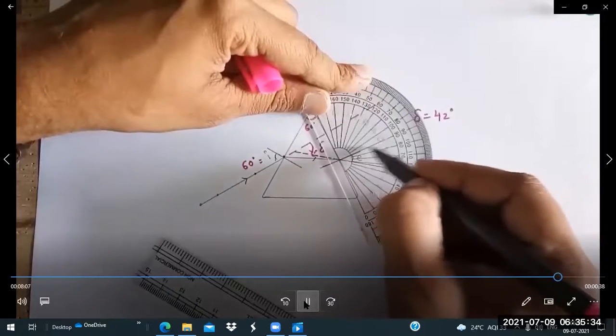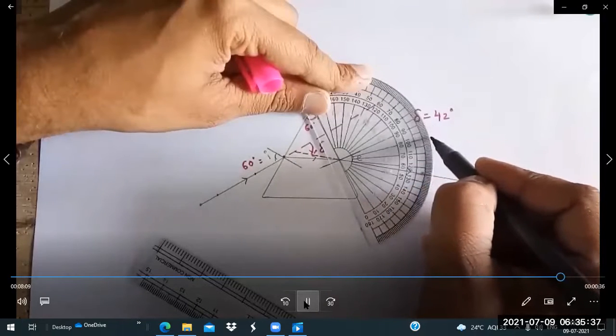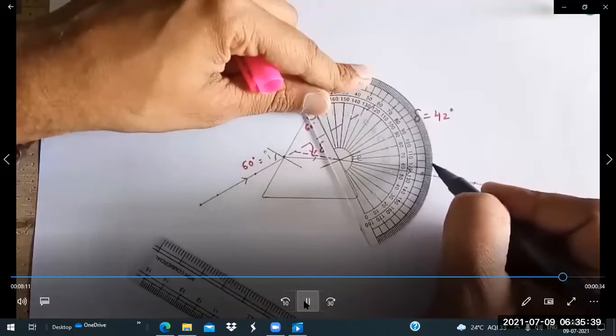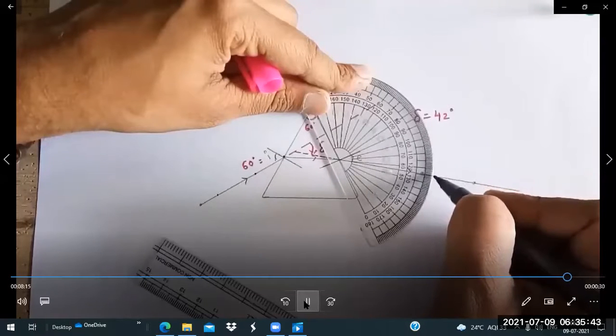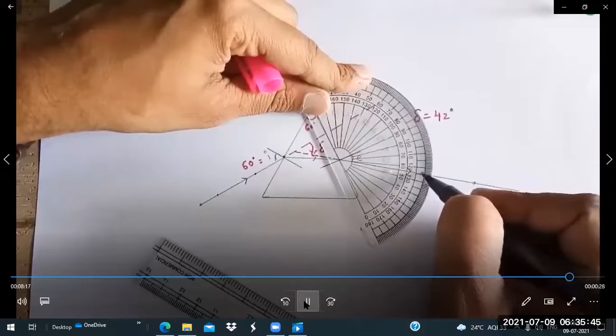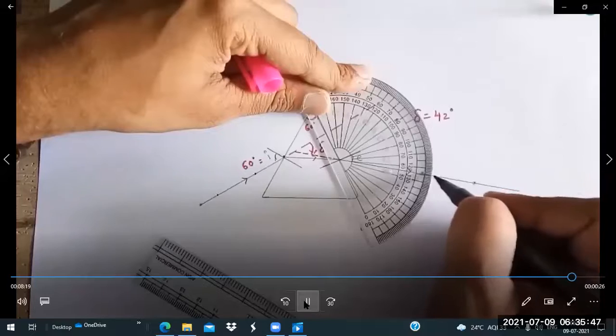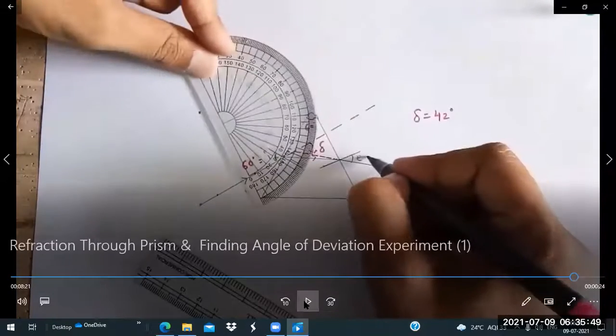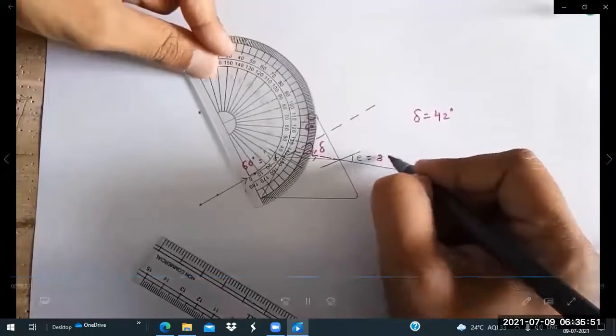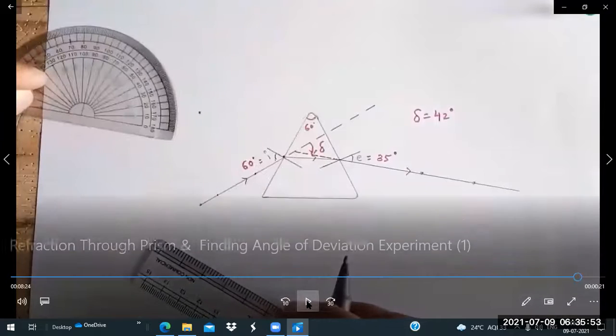You can see from here 90 degrees, this is 10, 20, 30. Now I'm mistaken, no, it is 35, sorry, because these are gaps of 5. So this angle is 35 degrees.